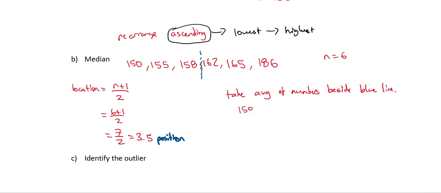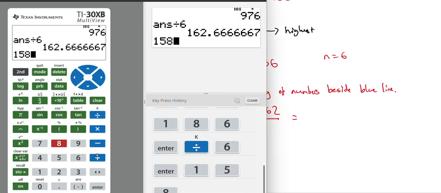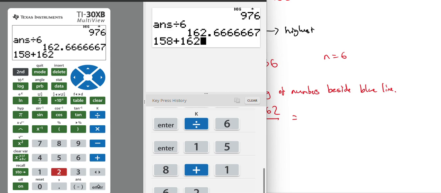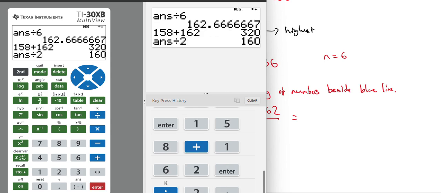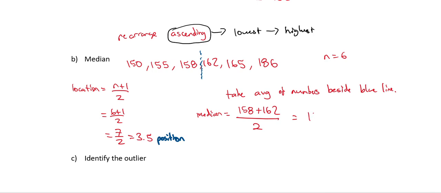So you take 158 plus 162 and divide that by 2. If you type that into your calculator, I'll write median equals that, and I end up with 160. So that's what the median is.